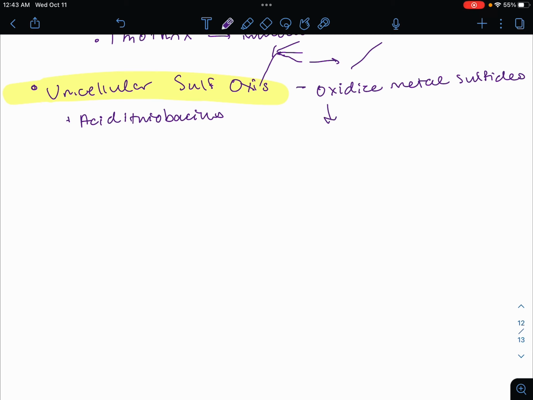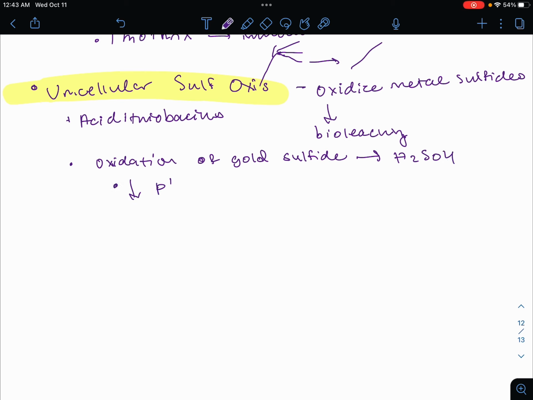Since they can oxidize metal sulfides, this is used for bioleaching. For example, oxidation of gold sulfide will make H2SO4, and this will have a lower pH, and then the gold will be able to be soluble.